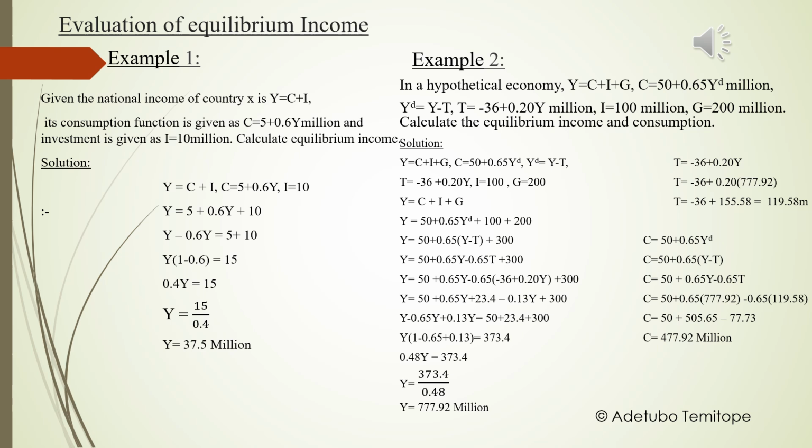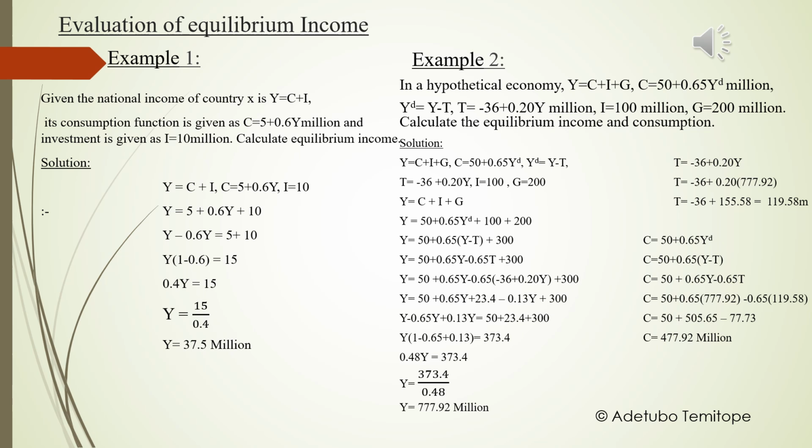That is 100 plus 200. Then when we open the bracket, we have Y = 50 + 0.65Y - 0.65T + 300. Therefore Y = 50 + 0.65Y - 0.65(-36 + 0.20Y) + 300.